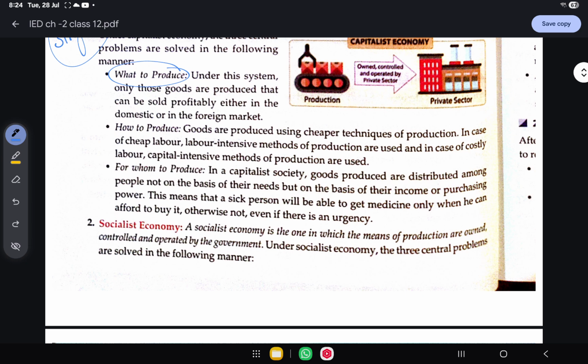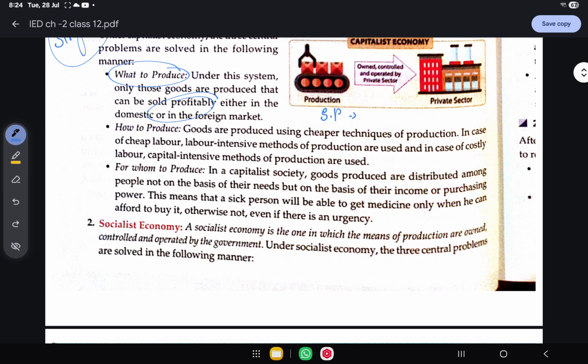The producer is going to produce only such goods that will give him the most profit. For example, let's say now there is a high demand for smartphones. Now companies like Samsung and Apple will produce more smartphones because they are earning higher profits by that.